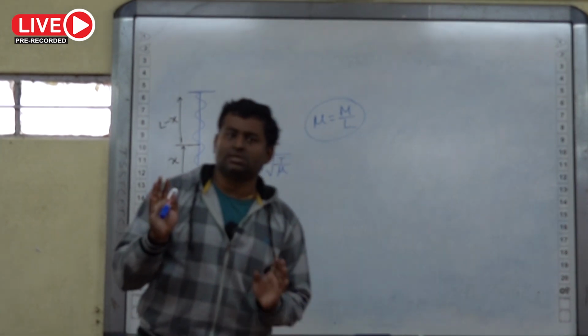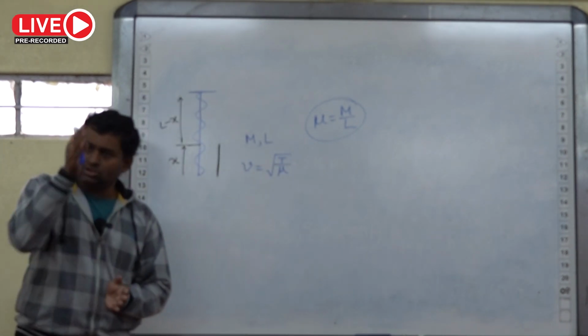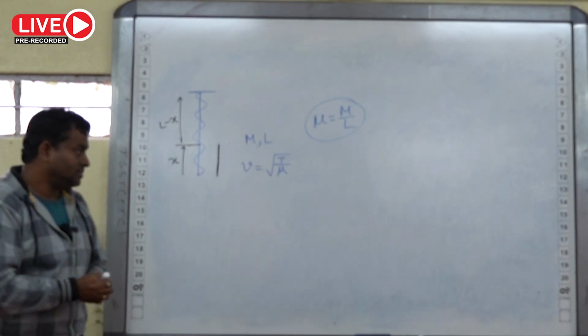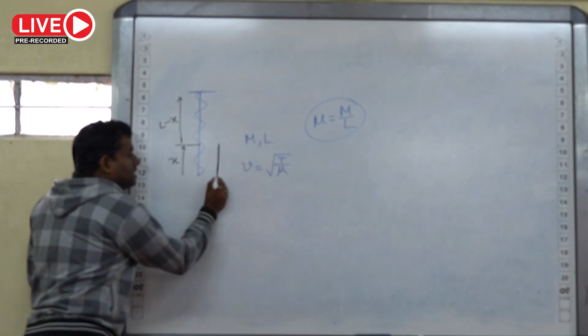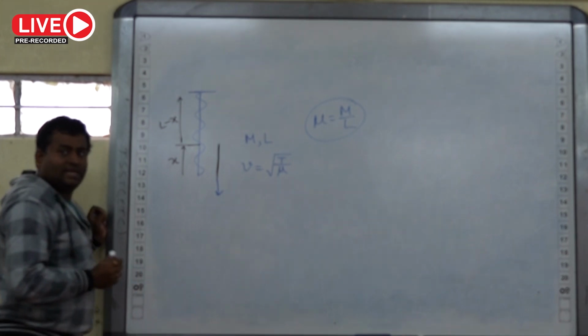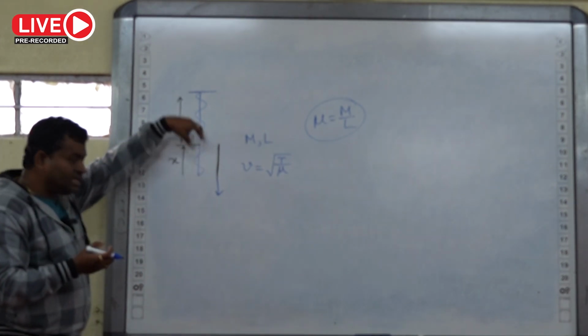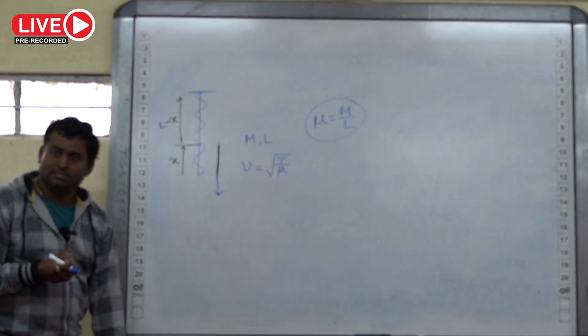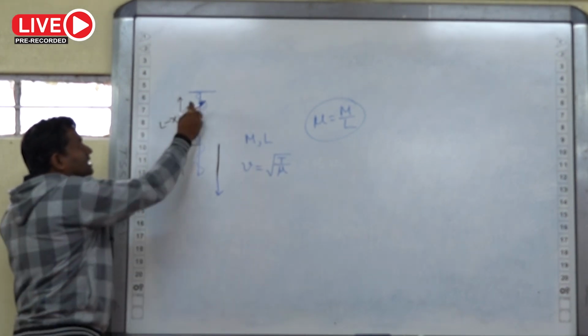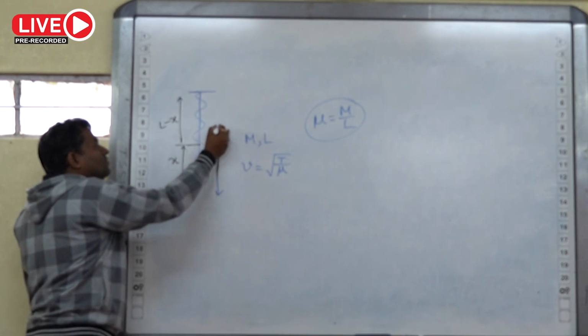The string is in vertical equilibrium; there is no vertical movement of the string. This part feels a force due to gravity, so gravity pulls this mass of the string downward, and the rest of the string exerts a tension force on this part.